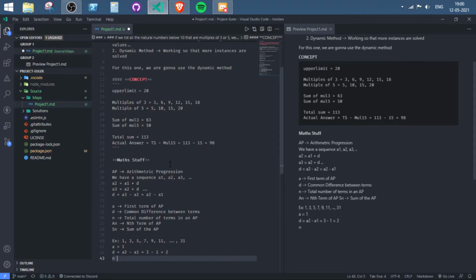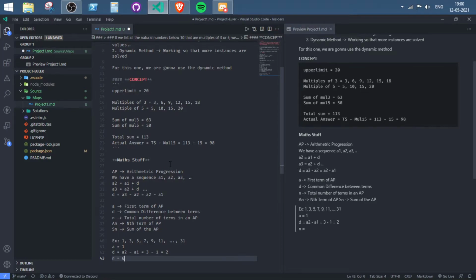Next we get n. N is 16, so let's count it: 1, 3, 5, 7, 9, 11, 13, 15, 17, 19, 21, 23, 25, 27, 29, 31. That gives us all of it.